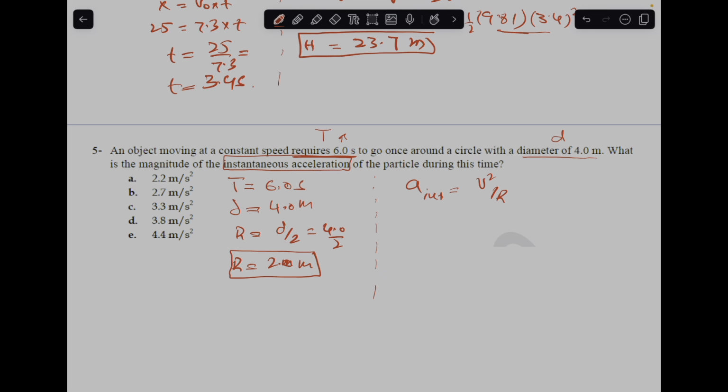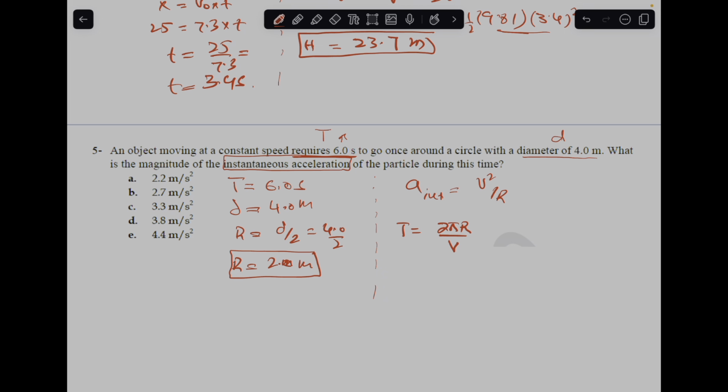And what is the formula for the velocity in terms of the time period? Your time period is 2 pi r divided by v.